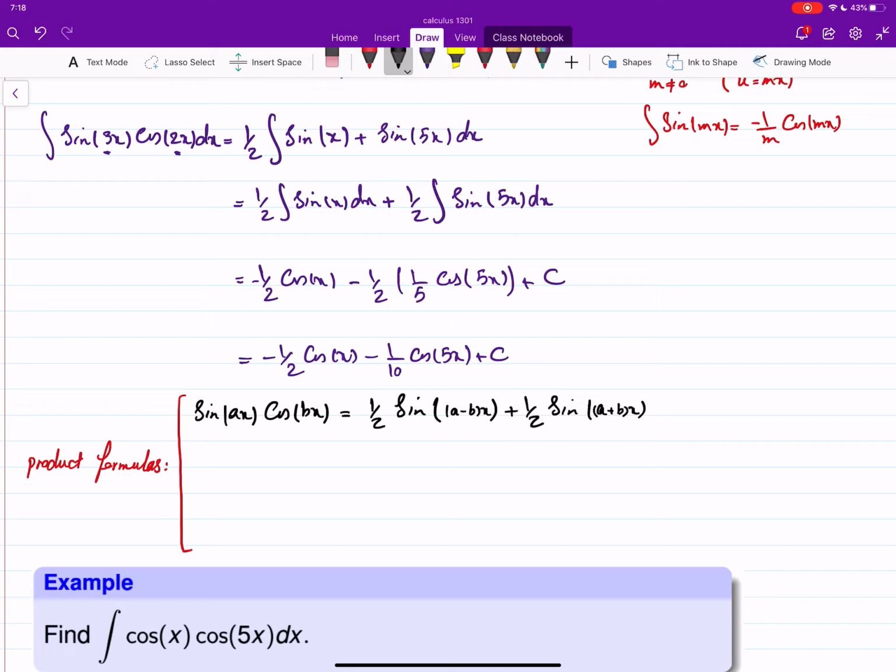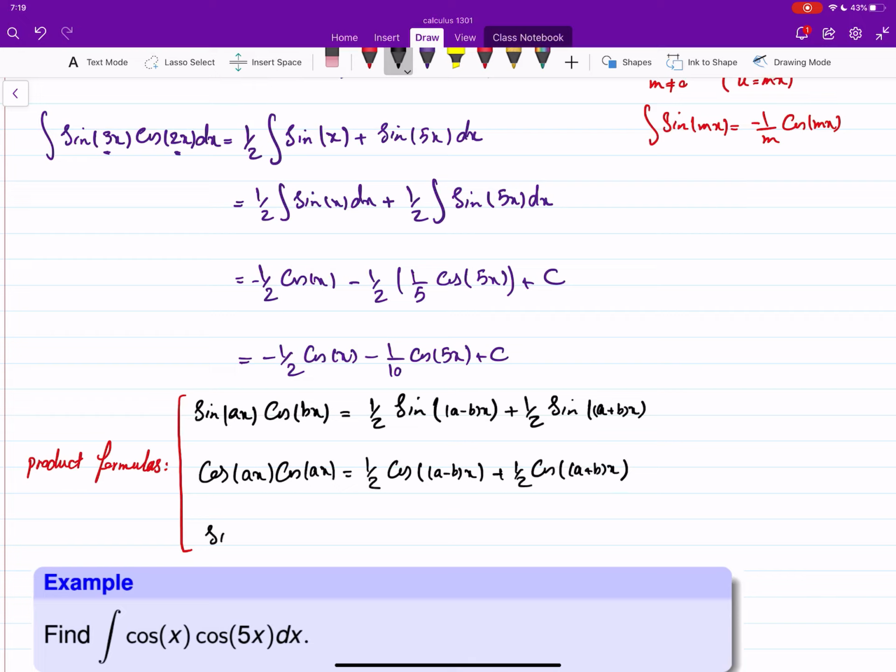Then there are two more. When you have two cosines, this will be half of cosine of a minus bx plus half of cosine of a plus bx.